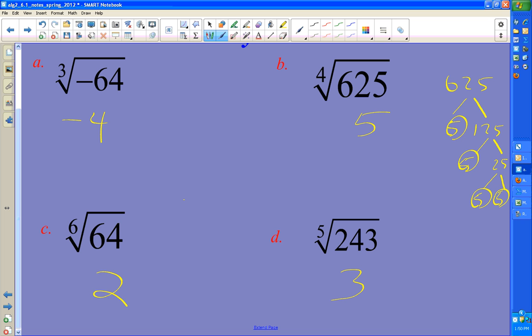Isn't negative 5 also? Negative 5 is bigger. This is an expression, not an equation. If we have this, x to the fourth equals 625, x would equal what? Plus or minus the fourth root of 625, and you're absolutely right, it would be plus or minus 5.